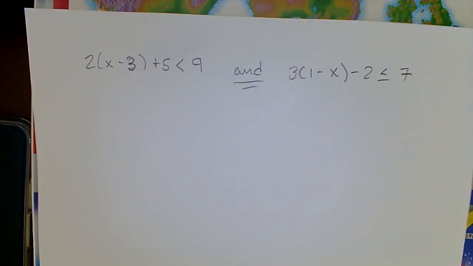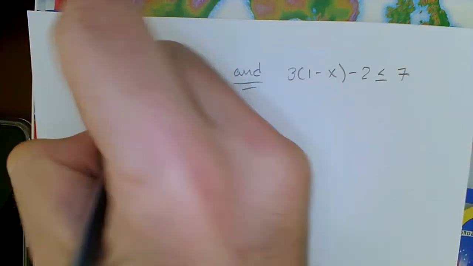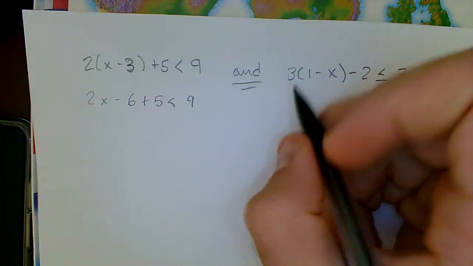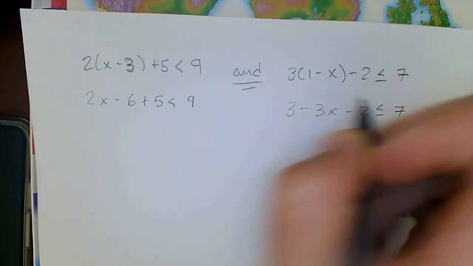Okay, so again, we're going to solve these separately here. So this is 2x minus 6 plus 5 is less than 9, and 3 minus 3x minus 2 is less than or equal to 7.